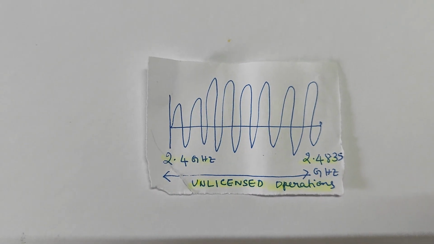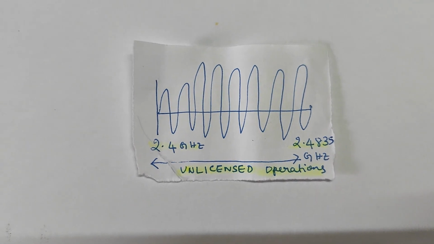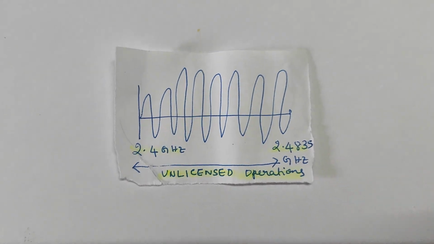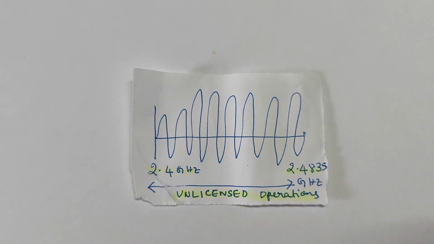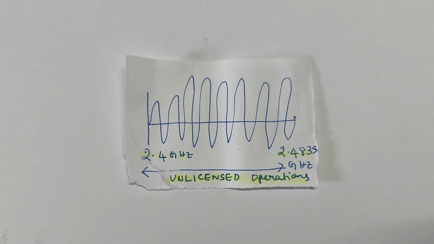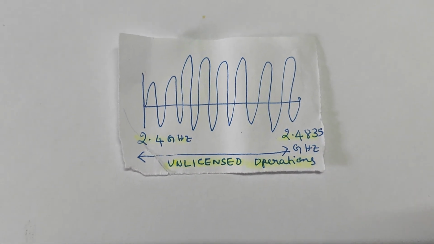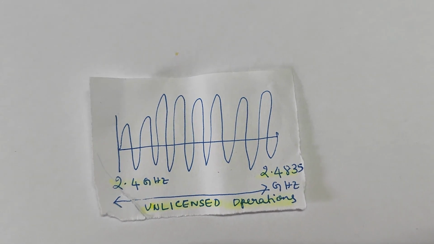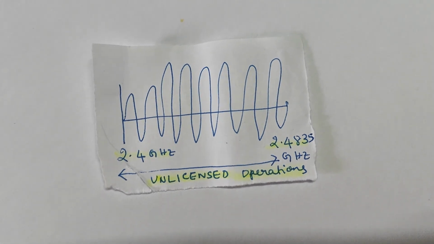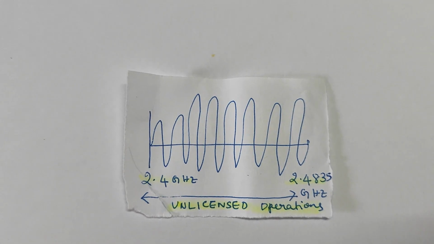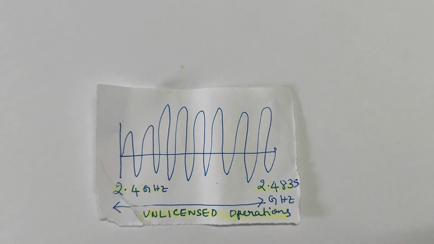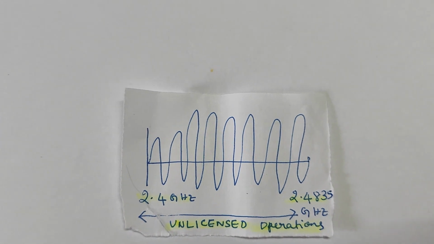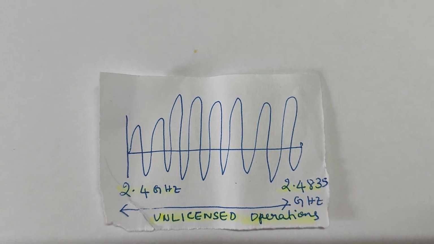should be licensed. But this 2.4 gigahertz to 2.4835 gigahertz is unlicensed operation, because of which multiple vendors, businessmen, everyone started using this frequency range, and that's why BT is also using this frequency range. Wi-Fi is also using this frequency range, 2.4 to 2.4835 gigahertz, which means this frequency range is suitable for unlicensed operations and there is no need for a license to operate devices in this particular range.